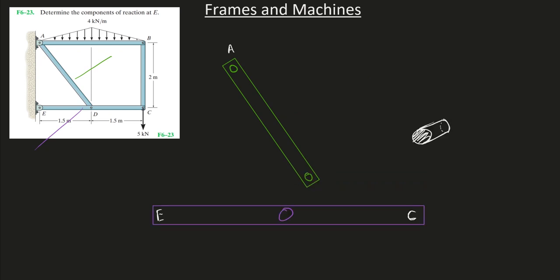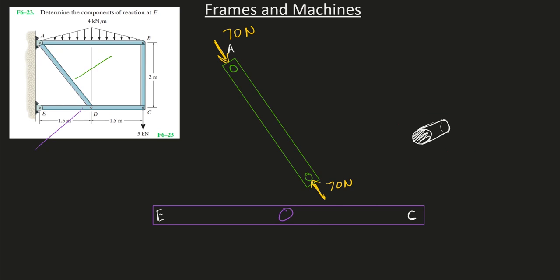So let's just pretend for the moment that we know that our green member AD is in compression, maybe with the magnitude of 70 newtons. Alright, so we've got to go through Newton's third law here. What is creating this 70 Newton force? This guy is.